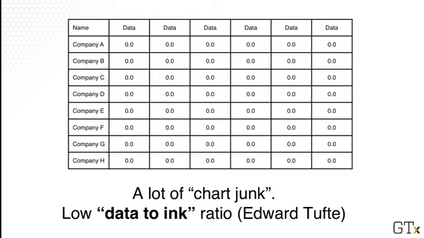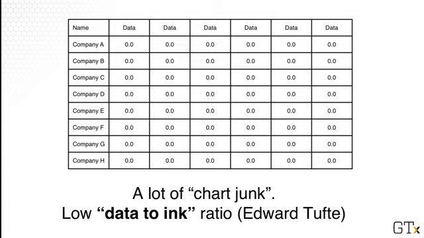This is a likely default that you will get when you are visualizing a table of data, meaning all the grid lines are turned on. Again, there's nothing really wrong about it in terms of accuracy. You show all the numbers, you show all the row and column headings. But this is the scenario where Edward Tufte would say that this is a very low data-ink ratio. Remember, data-ink ratio means how much ink, if you were to print this chart out, are you going to spend on printing the data?